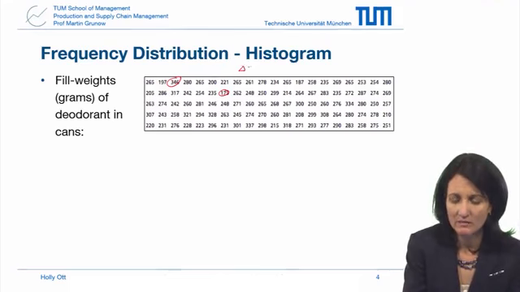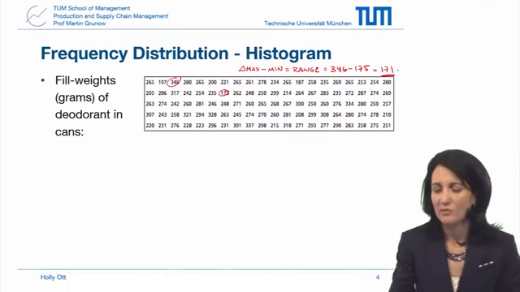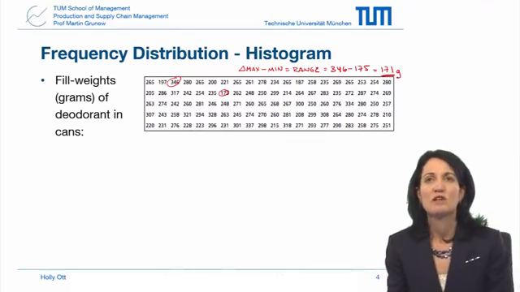The difference of the max minus the min is called the range. And so we have 346 minus 175, which gets 171 grams, the range of our data.